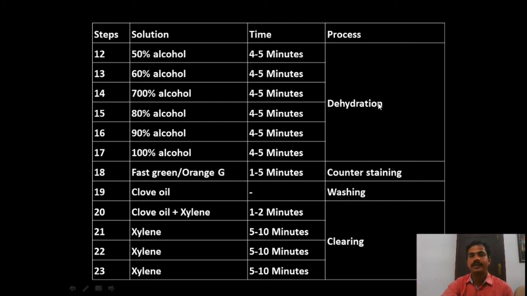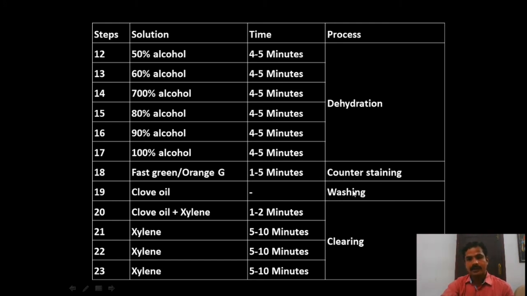Then after the first staining, we should follow dehydration. For that, the usual alcohol series is used, starting from 50% to absolute alcohol, 100% alcohol, and each change is of 4 to 5 minutes duration. So after dehydration, counter stain using fast green or orange G for 1 to 5 minutes only.